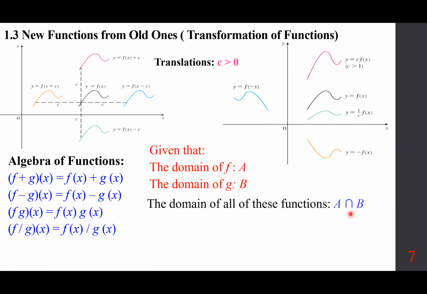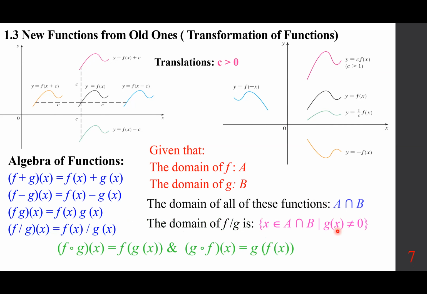For the last one, f over g, besides this restriction, g, the denominator, cannot be 0. And let's also add the composite function: f of g means f of g of x, and g of f means g of f of x. And there's the concept of an inverse function that was discussed in the beginning.